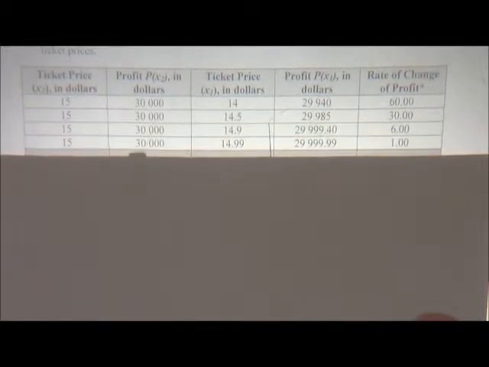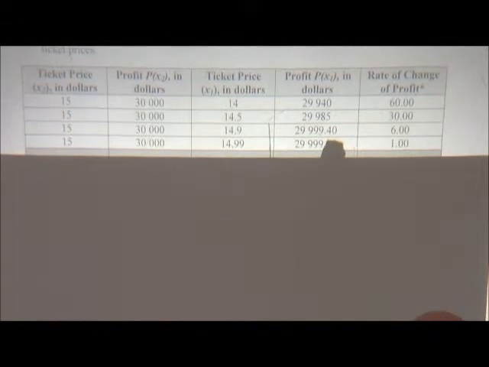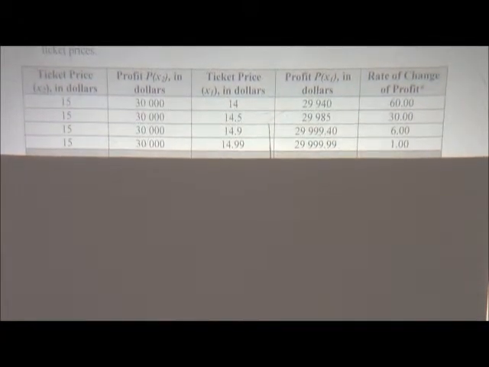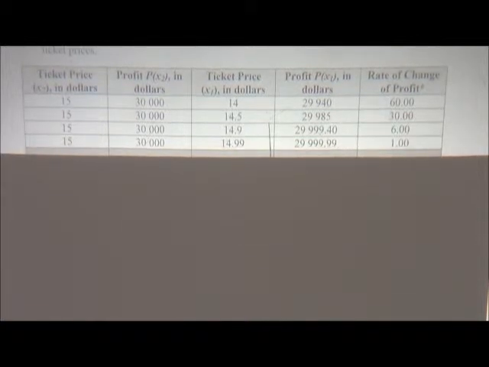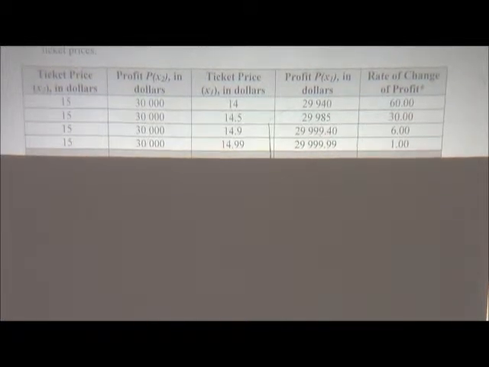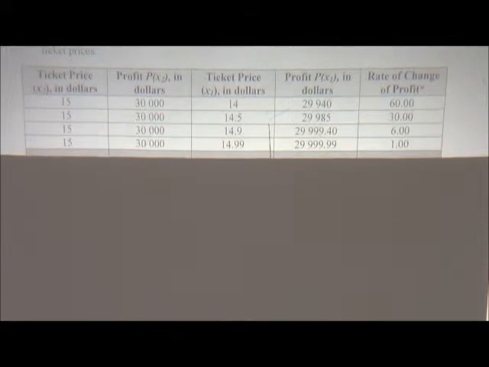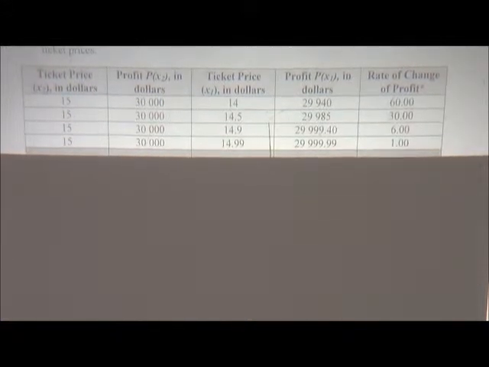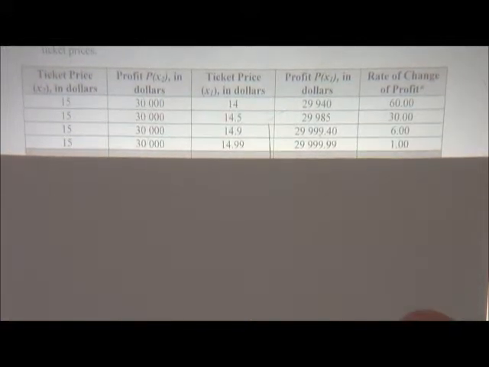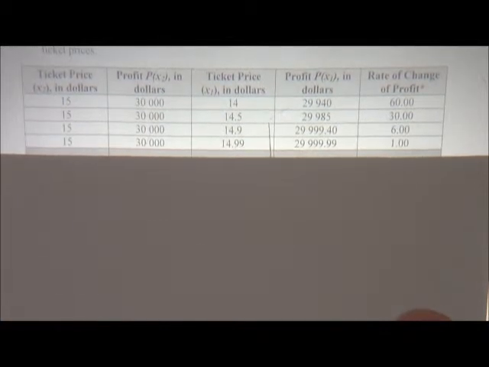Obviously, when we're doing these calculations, you don't need to round anywhere past 2 decimal places, because when you're using money, we only go to hundredths, so you just have to round off there. And then we work out what the rate of change of profit is at the different dollar amounts for the tickets. Okay? Can you calculate the same things for the bottom portion of that table, please?